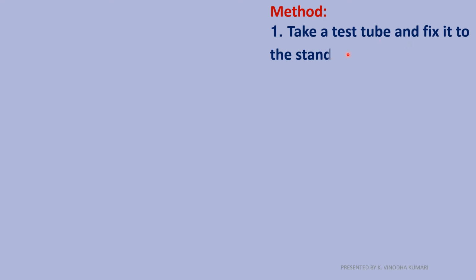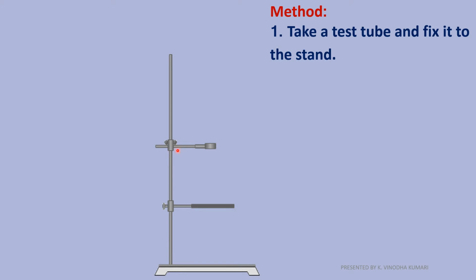Let us conduct the activity. First, take a stand, and then we have to fix a test tube to the stand. So this is the stand. To this stand, we have to fix a test tube. This is the test tube.